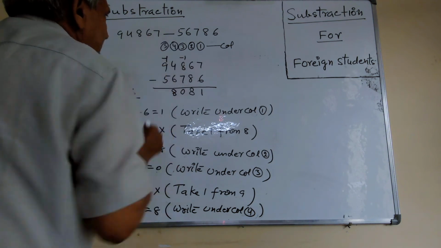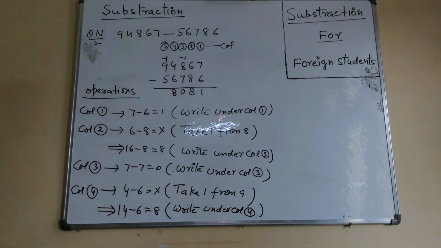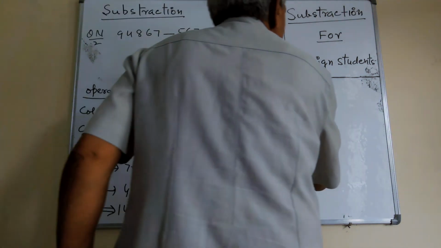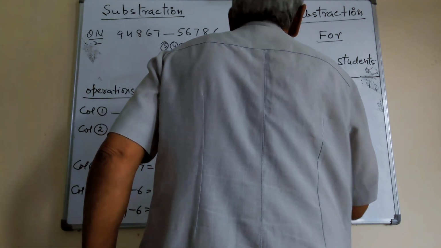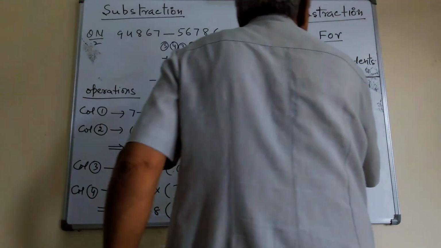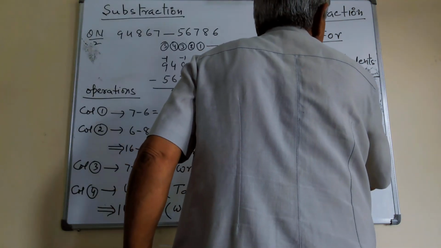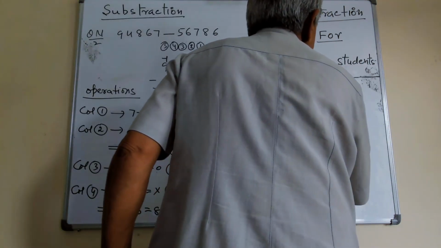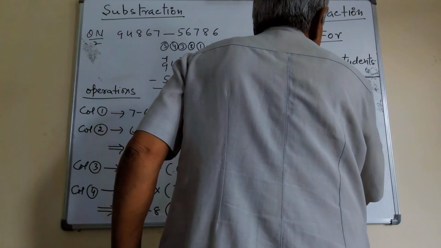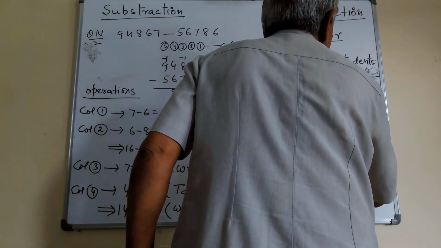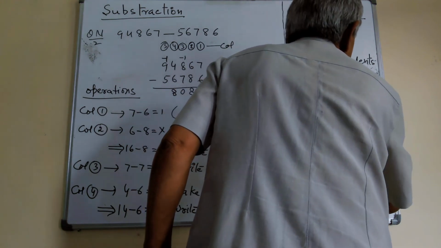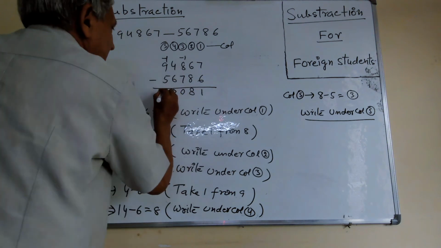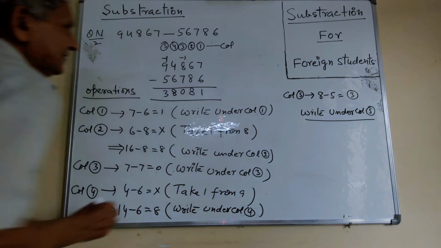Here only 8 remains. So in column fifth, 8 minus 5. 8 minus 5 is equal to 3. Write this right under column 5. Column 5, 3. And my dear students, this is the answer.